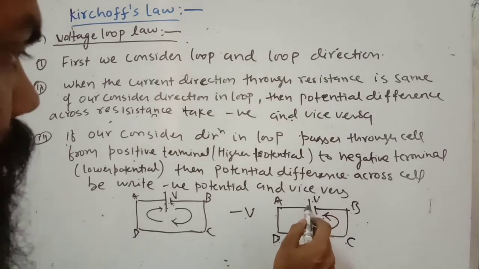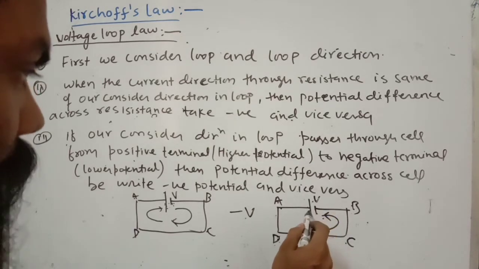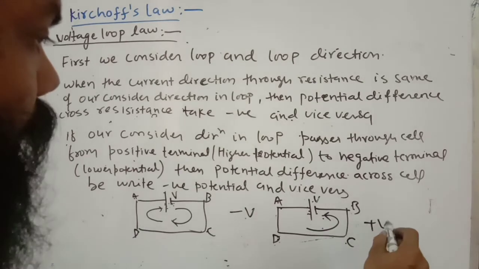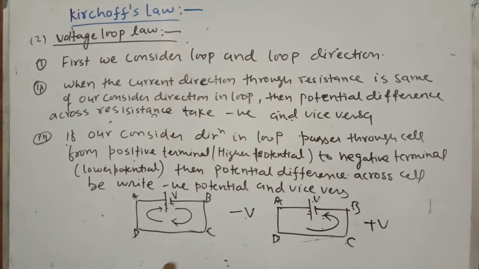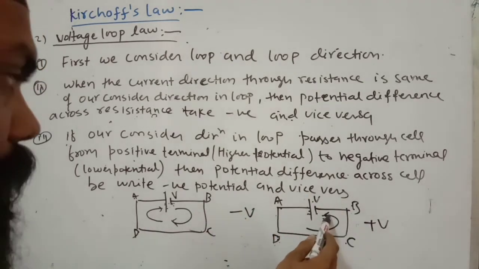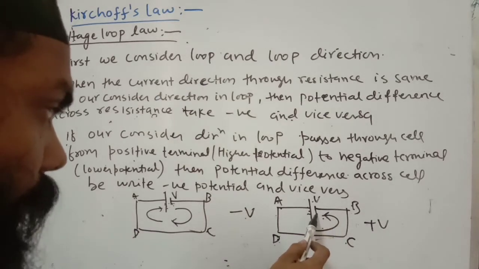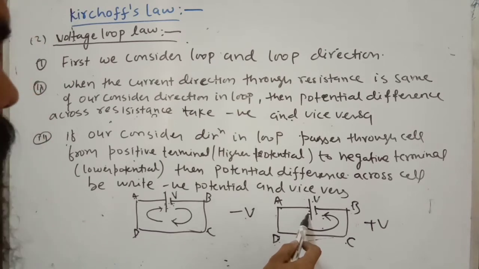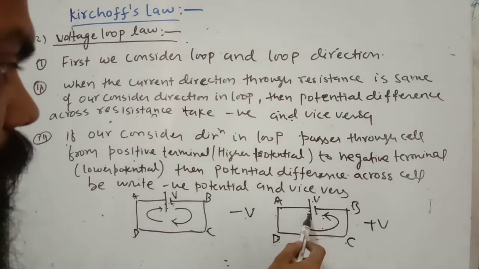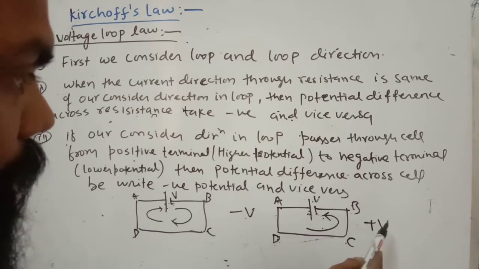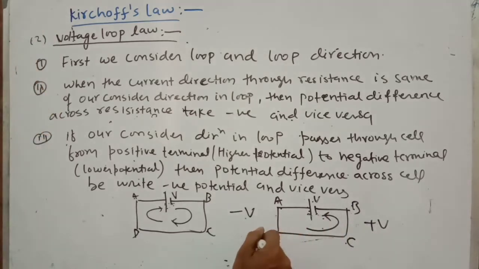So in this case, when you write the potential difference across the cell, you can write plus V. Why? Because your considered direction is going from negative potential to positive potential. So here the potential difference, higher potential minus lower potential, becomes positive.